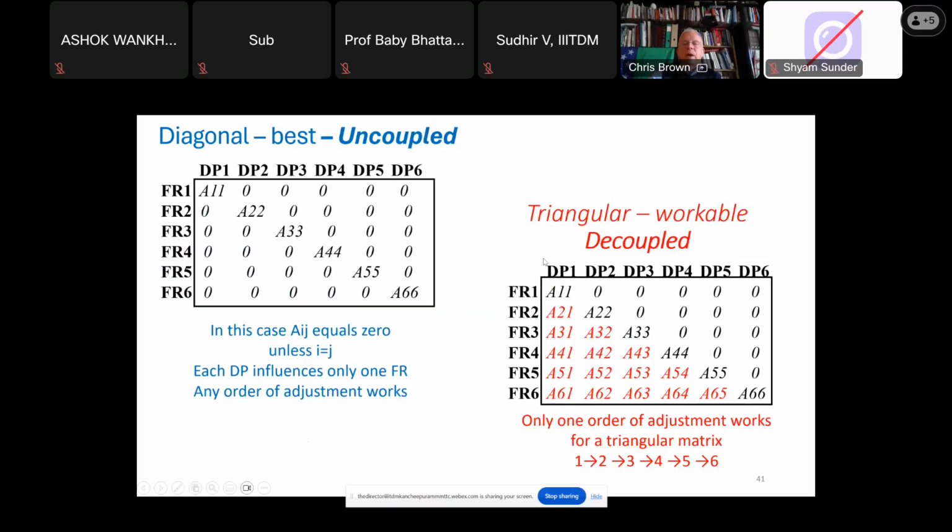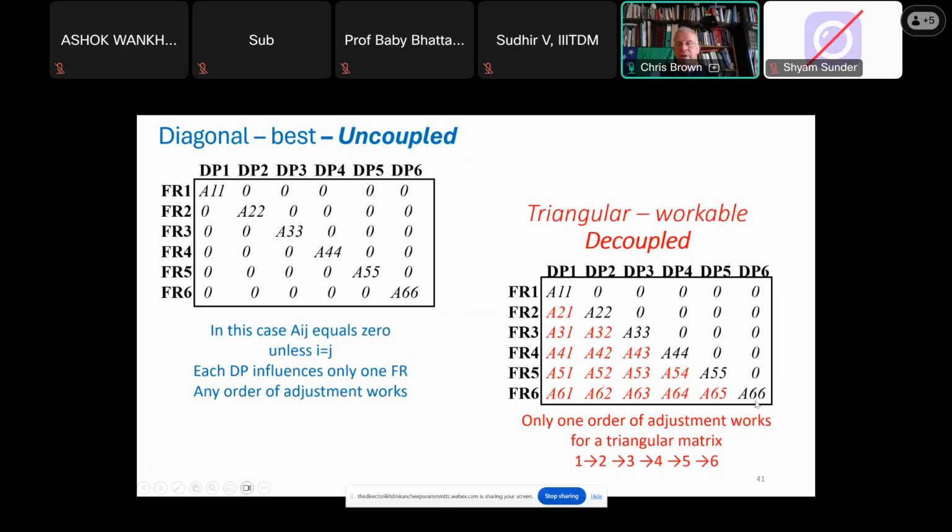So that when I adjust DP1 to get FR1 in tolerance, I may do something undesirable to the rest of the FRs. So I can correct FR2 now with DP2 because it doesn't change FR1. It does change FR2, and again, it may do something I don't want to do to the rest of the FRs.